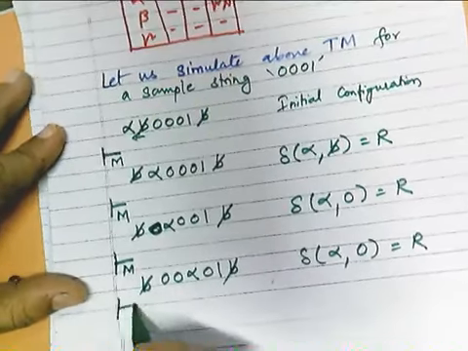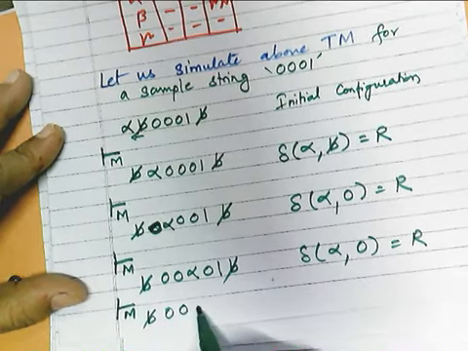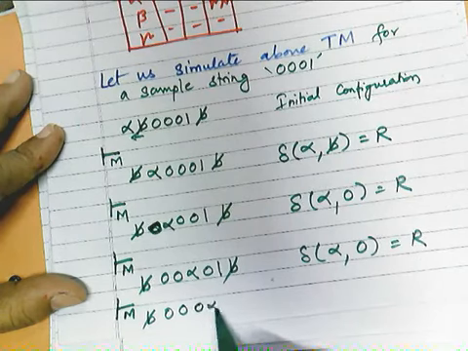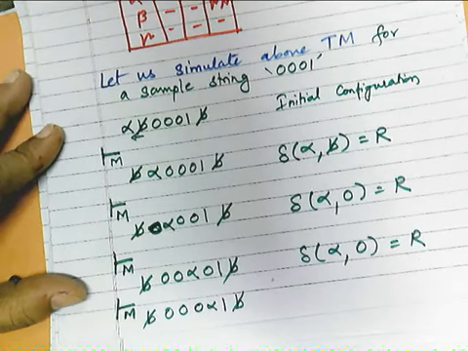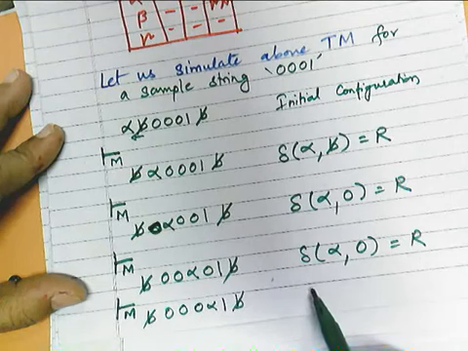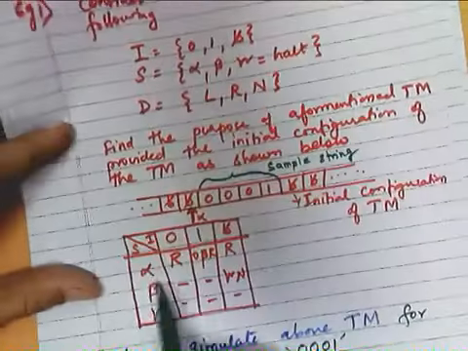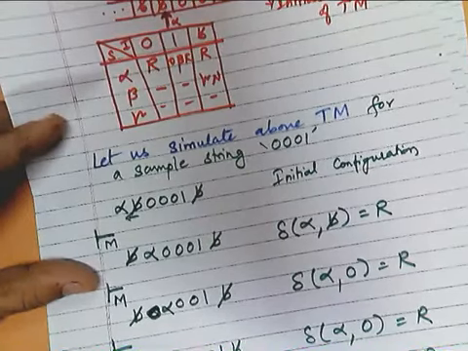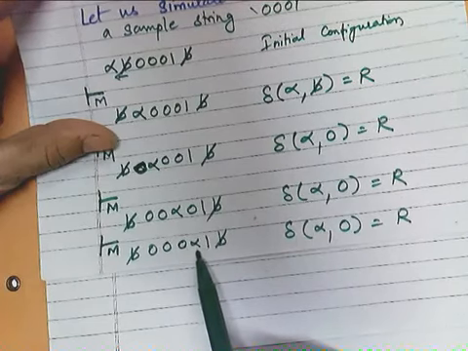Okay, the next TM move will be blank, 0, 0, 0, alpha, 1 and blank, right? This alpha moved here again due to the same reason, alpha 0 moves towards the right. After this, we are reading 1 with the current state alpha.